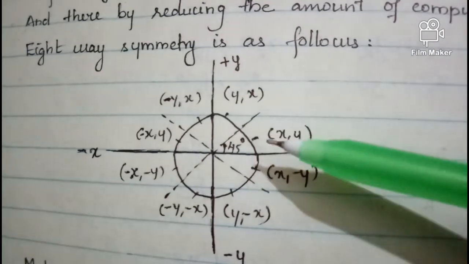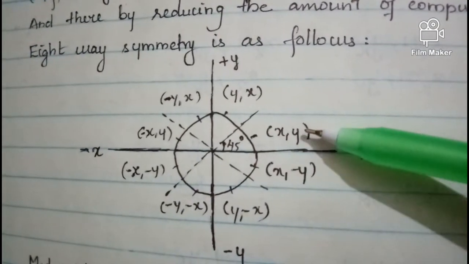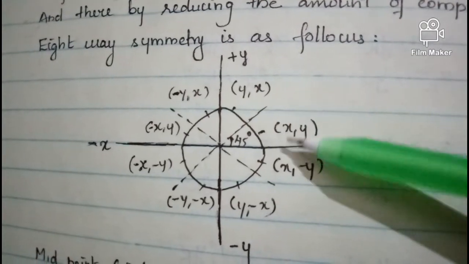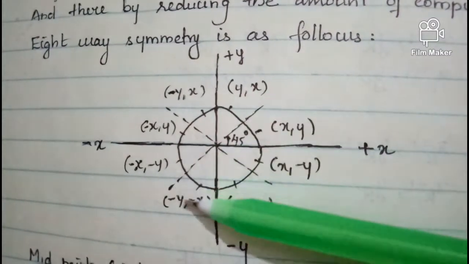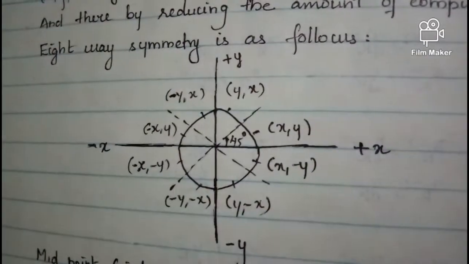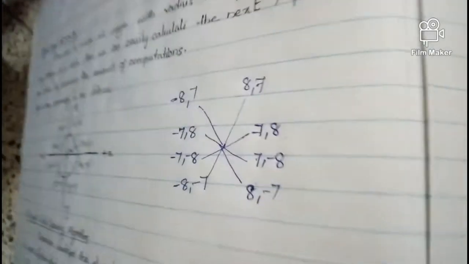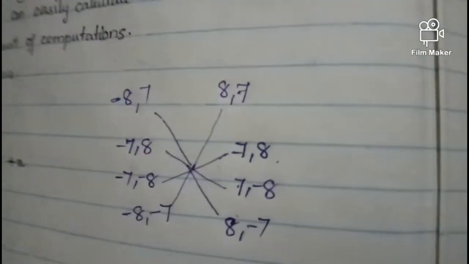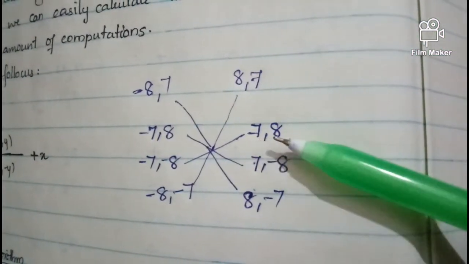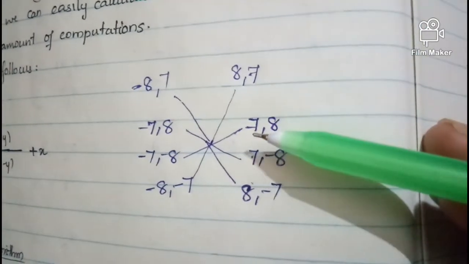So what the situation says is, you just need to calculate only the xy values of the first octant, and all the values of the remaining 7 octants will be automatically plotted. Let us see an example. Suppose using the algorithm we computed the value 7, 8. The value of xy is 7, 8.